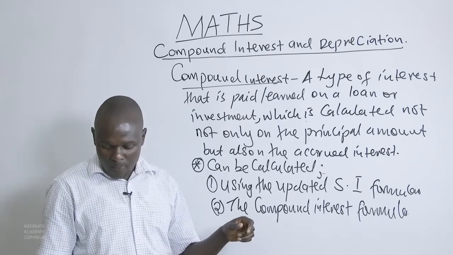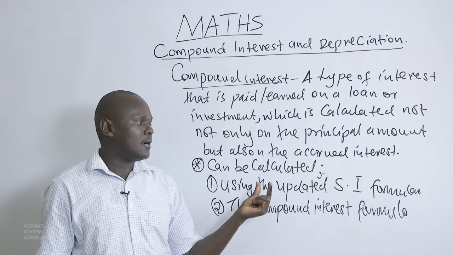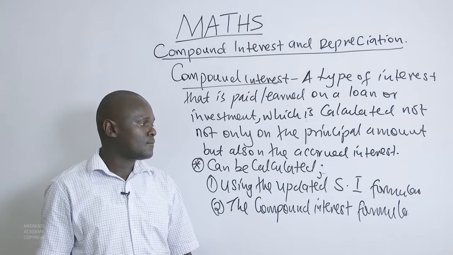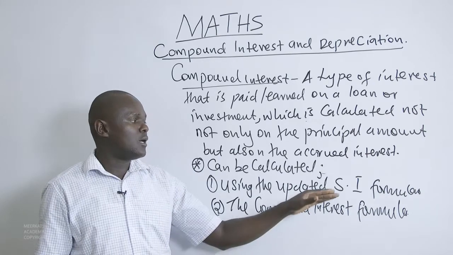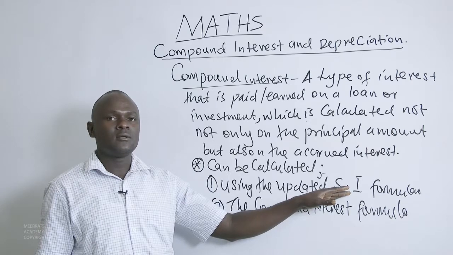So in this lesson, I want us to start by first using the updated simple interest formula, because we are well conversant with this, we have used it in our previous lessons.